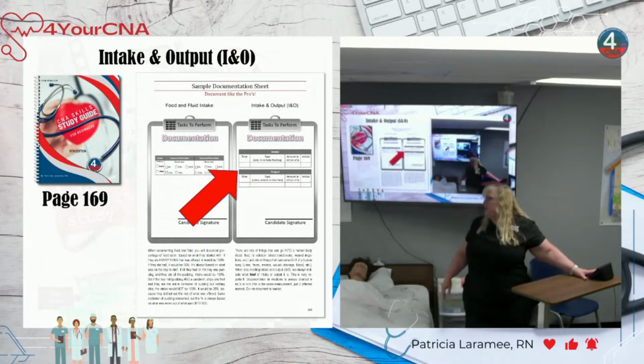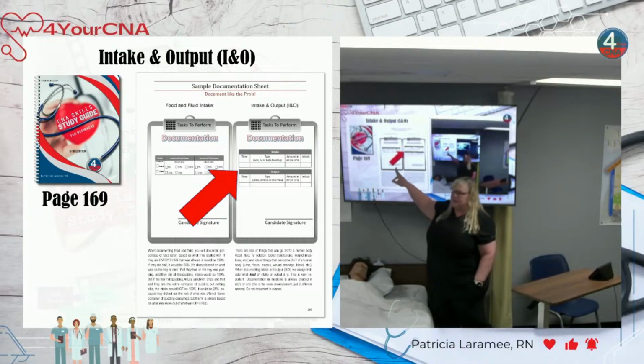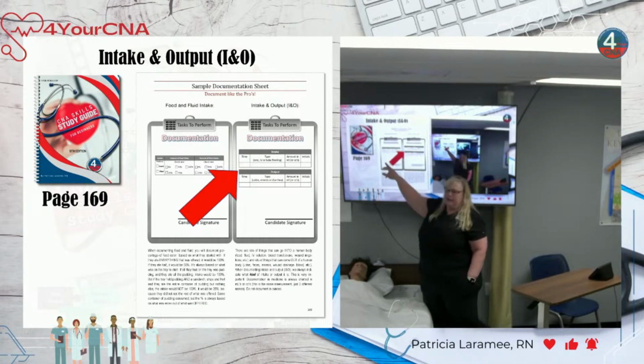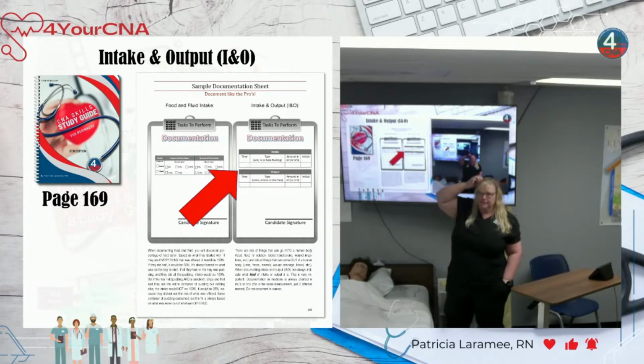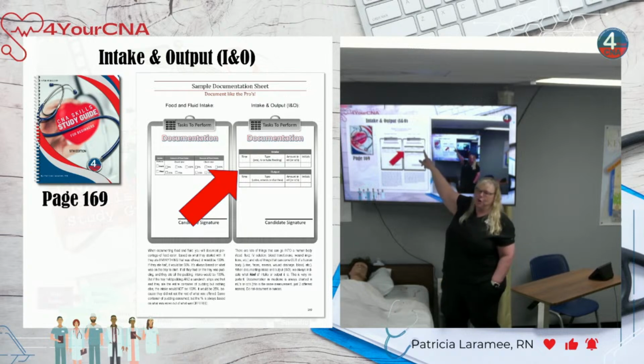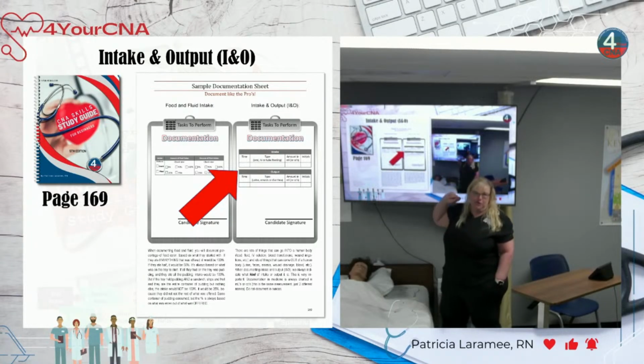All right, so when you go to document, for the test for this skill, we're using this side. We're just going to estimate the amount of food and fluid the patient took in. But in a clinical setting, you would be documenting on an intake and output sheet, which is what you see here. Remember, anything that goes in is intake, anything that comes out is output. Don't get those two confused.